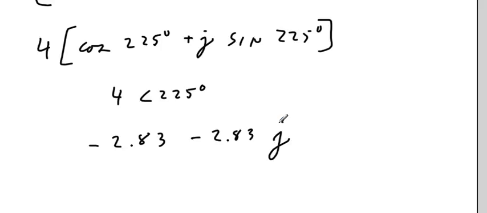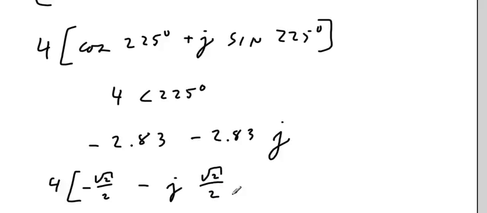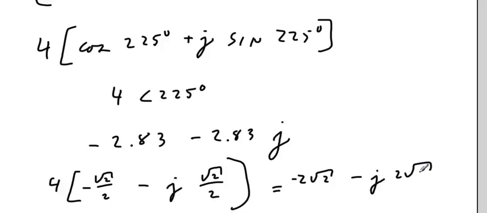And then I'd go back and say, wait a minute, the cosine of 225, the reference angle of that is 45 degrees, right? So this is really 4 square root 2 over 2 with a minus sign because I'm in the third quadrant, minus j square root 2 over 2, because again I'm in the third quadrant, and that becomes minus 2 square root 2 minus j 2 square root of 2.